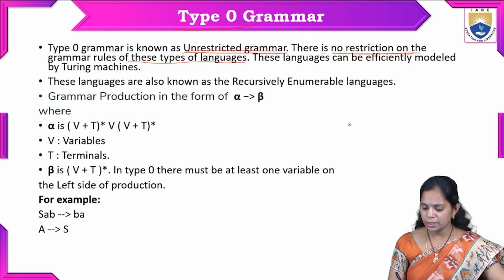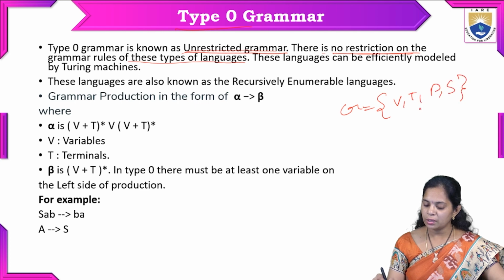So we already discussed the grammar. In that we have the production rules. In those production rules there is a restriction: left hand side and right hand side, a production rule which is a combination of alpha and beta.